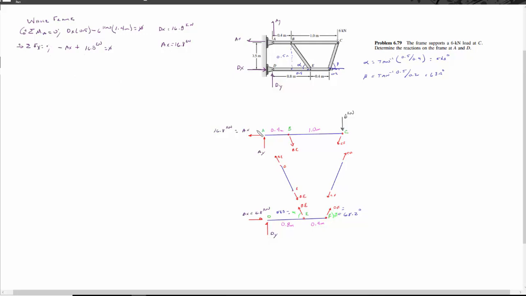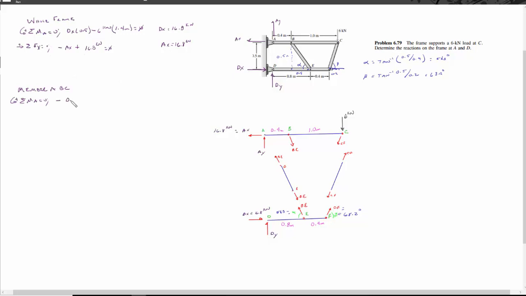If I sum my moment about point A right here, so we're looking at member ABC, my moment at point A, I have BE, which is going to be negative, because this is rotating in a clockwise fashion.